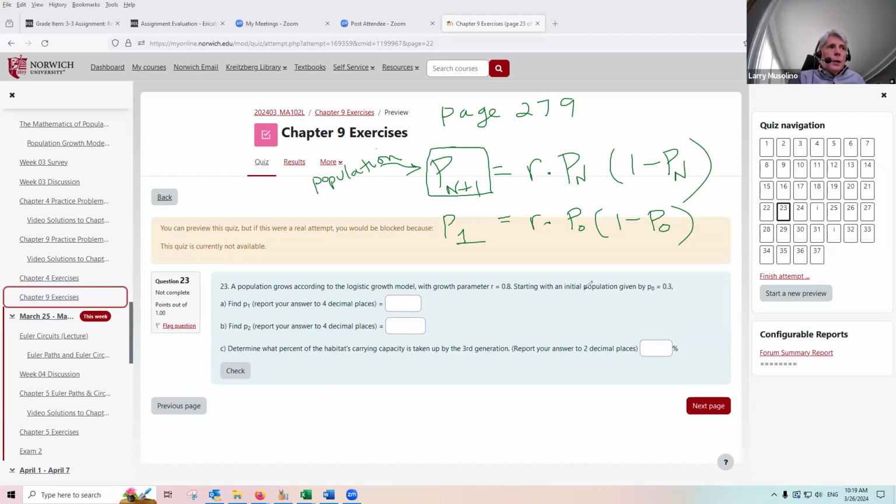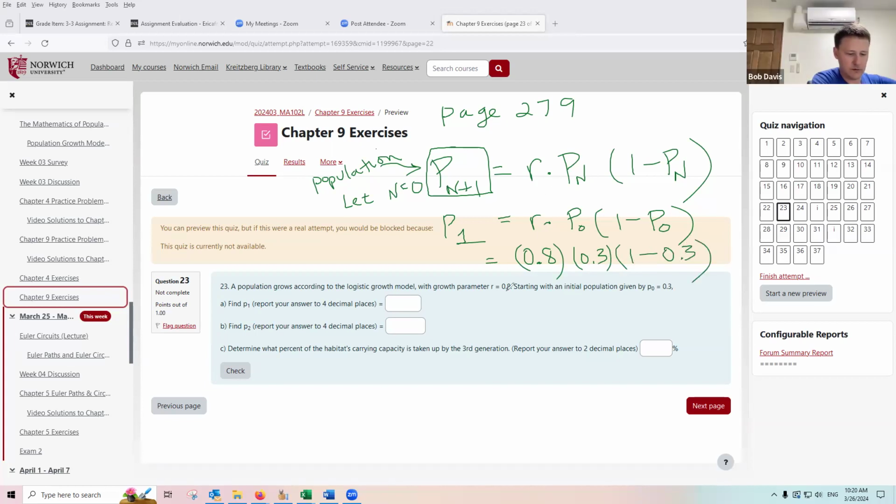Because if you look at the formula that I started with, and you let capital N equal 0, yep, I'm tracking. And then you just fill in R, which is 0.8 in this example, and P sub 0 is 0.3. And this parenthesis is going to be 1 minus 0.3.